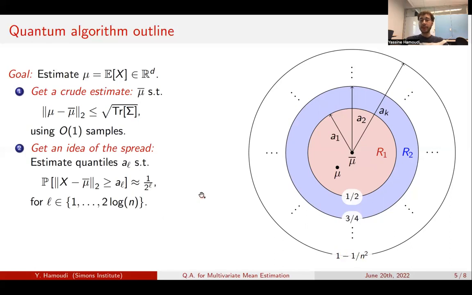I will explain in the next slide how we can estimate those quantile values efficiently. But for that, we will need to use the power of the quantum model.